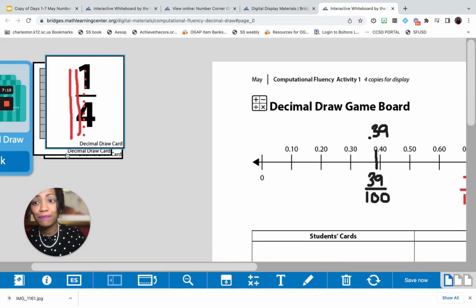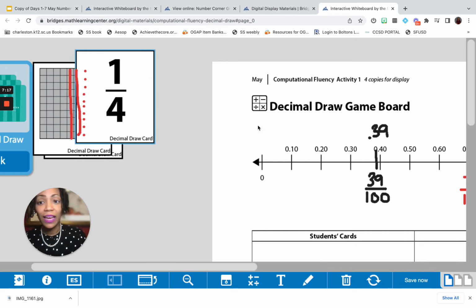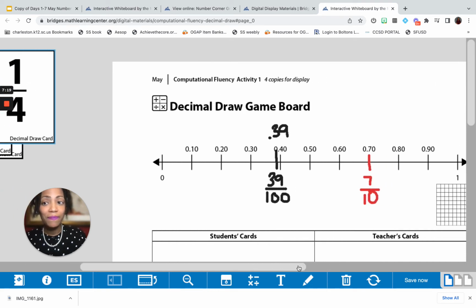So my turn. So I have 1/4. This time I actually got a fraction that I have to convert. Now, I know 1/4. I know quarters. 1/4 is like 25 cents. 25 cents out of $1 is 25 hundredths.